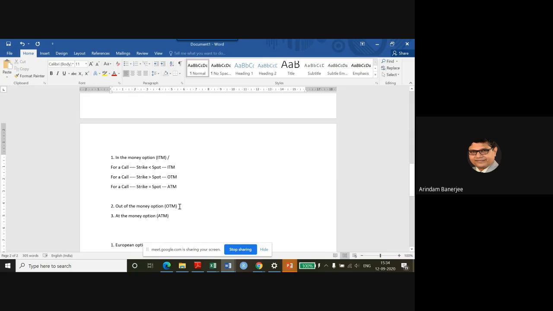Is this fine? So sometimes MCQs ask on the basis of these concepts, the ITM, OTM, and ATM. For a put, what will happen? For a put, it will be just reverse.